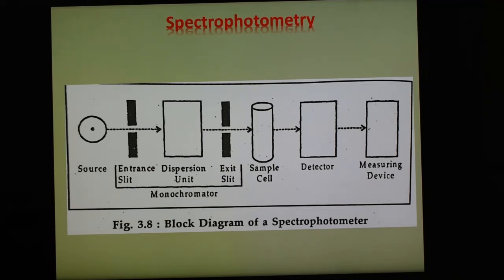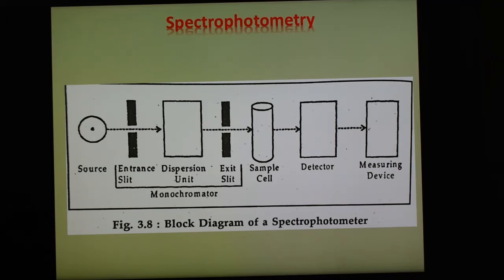In principle, in both detectors, the light falling on the detector generates a photocurrent, the magnitude of which directly depends on the intensity of light falling on it. However, a photomultiplier tube is many times more sensitive than a phototube.